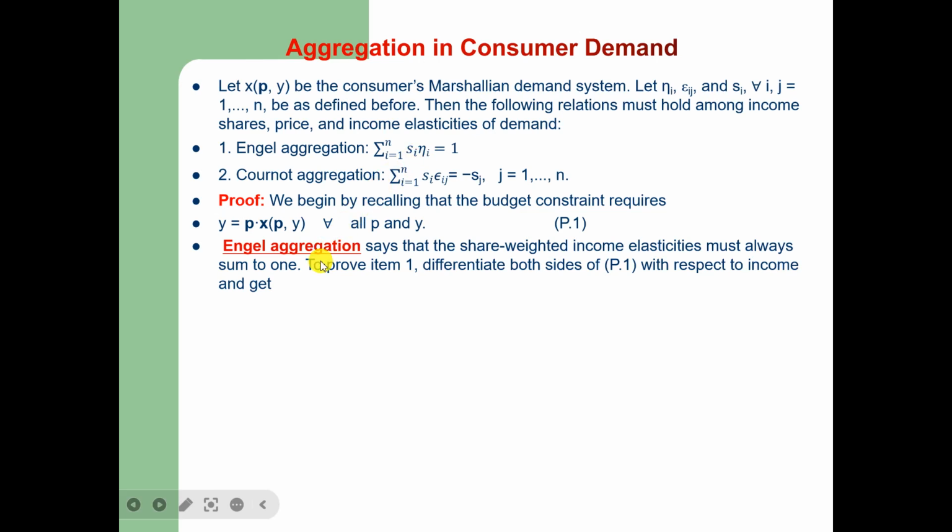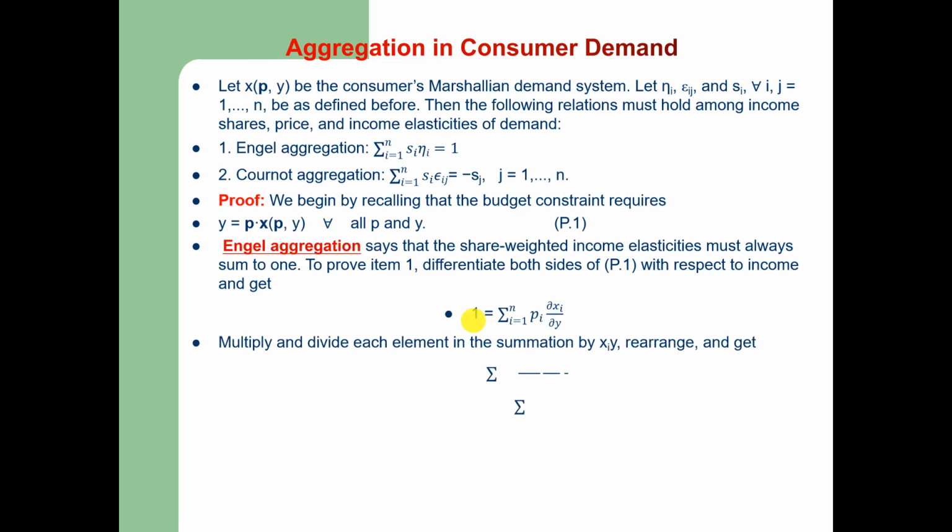To prove this, first, differentiate both sides of this equation with respect to income, and we get the summation of pi times del xi over del y, where i varies from 1 to n, is equal to 1.